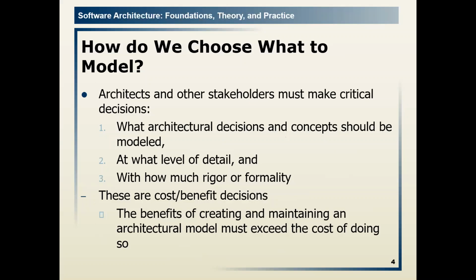So what architectural decisions and concepts should be modeled? As we mentioned, only the principal design decisions should be included in the architectural models. You don't have to include all the tiny design details, like, say, in a user interface, whether you are going to have a radio button or a combo box.